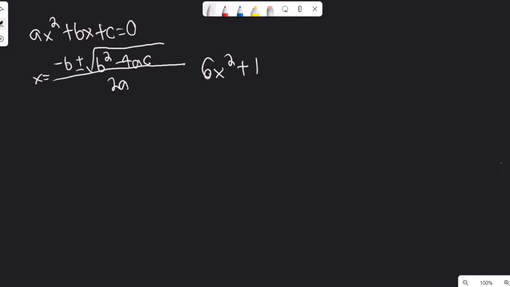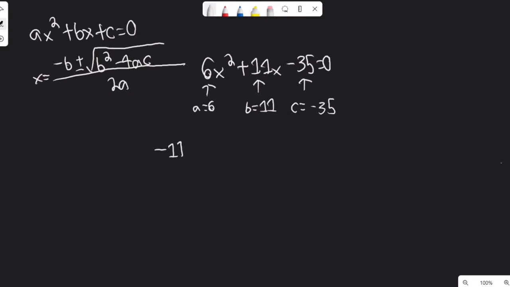6x squared plus 11x minus 35 equals 0. Alright, so first let's identify a, b, and c. So a is 6, b is 11, and c is negative 35. So let's write in all the variables into our equation.